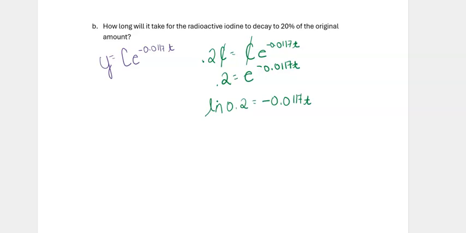And now I'm going to solve by dividing both sides by negative 0.0117. So when I do that, I get t equals natural log of 0.2 divided by negative 0.0117. And when I type that in on my calculator, I get approximately 138 days. So it takes 138 days for this radioactive iodine to decrease to 20% of its original amount.